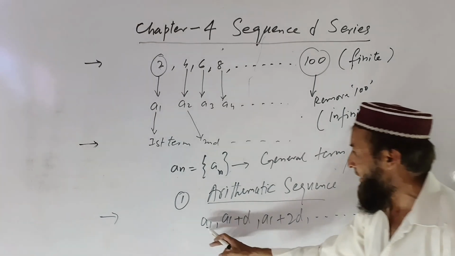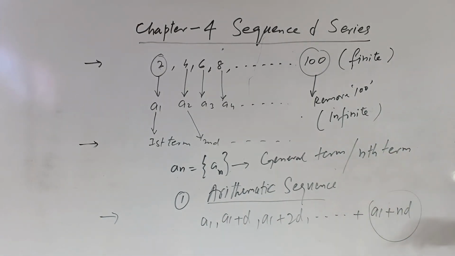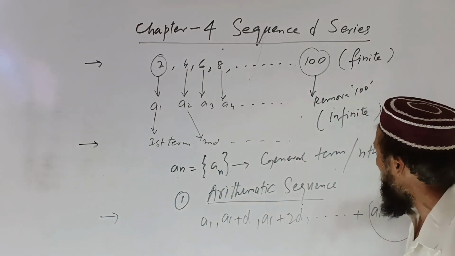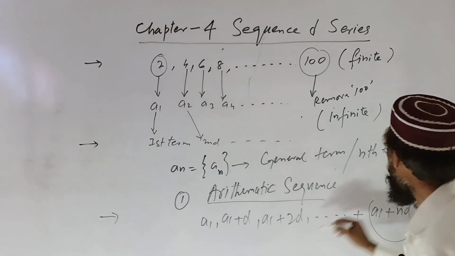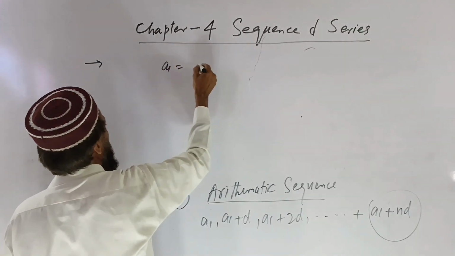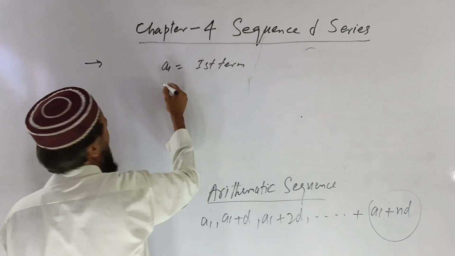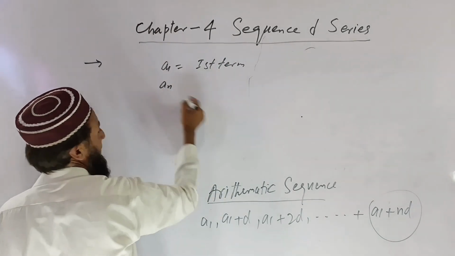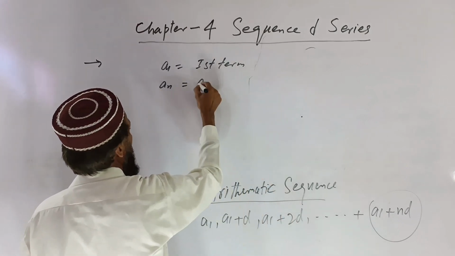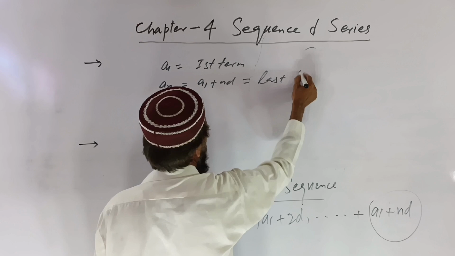Here A1 is the first term and A1 plus ND is the last term, and D is called the common difference. The last term is denoted by AN, which is A1 plus ND.